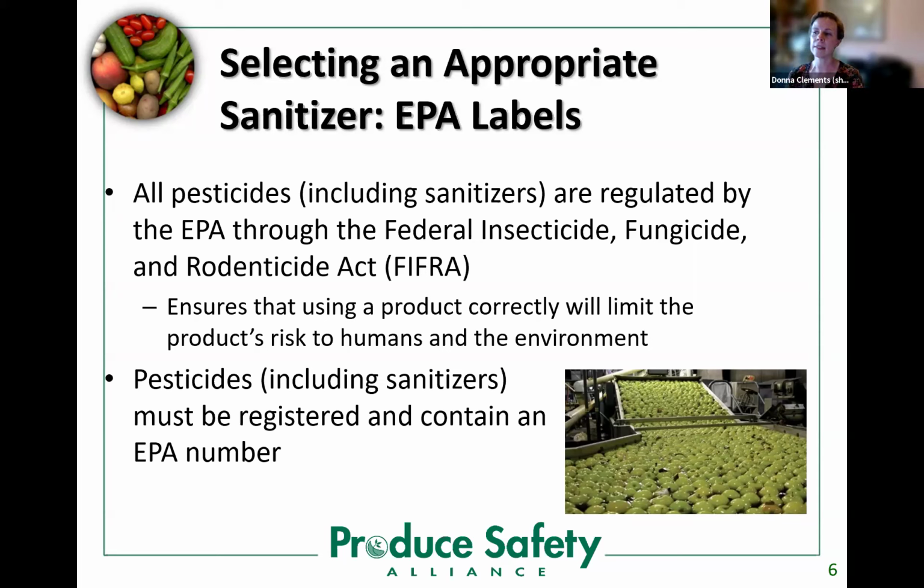This really is intended to ensure that using a sanitizer or pesticide correctly will limit the risk to humans and the environment. One of the keys here is that they're really focused on limitations to harming the environment. That's one of the big aspects of EPA labeling. And it goes back to this requirement that pesticides, including sanitizers, must be registered with the EPA and contain an EPA number.